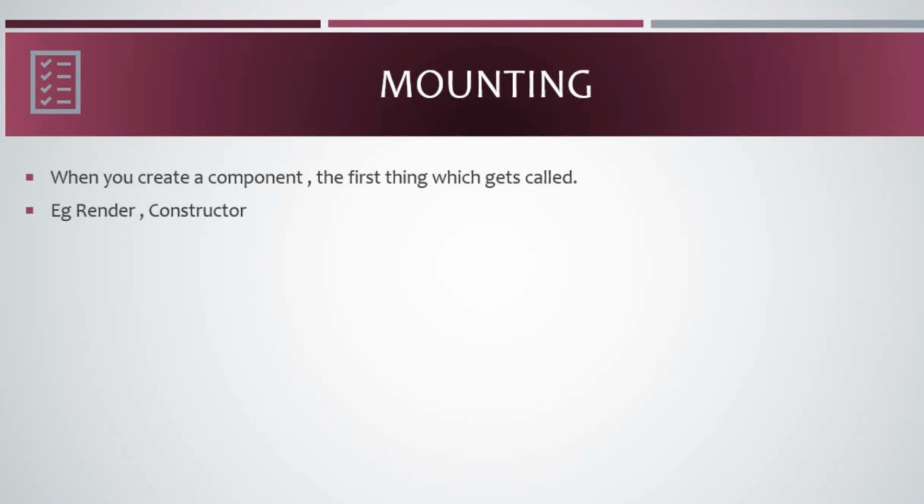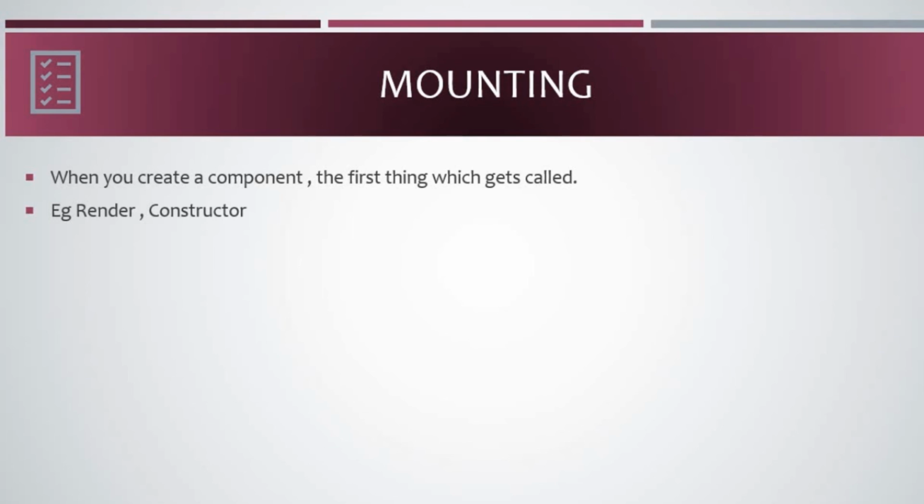And the next method is nothing but the render method. This is one such mounting lifecycle method, and this is in the third rank. So after the constructor and getDerivedStateFromProps, this is the next method that will be called in the mounting lifecycle.